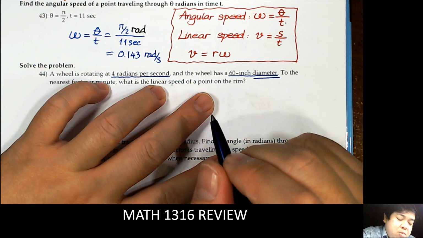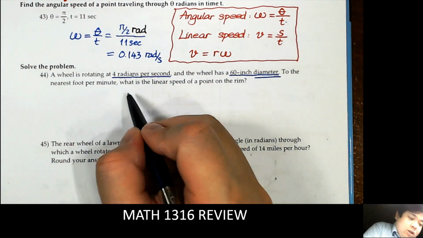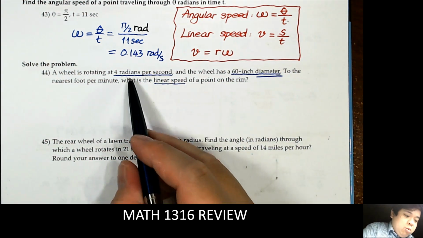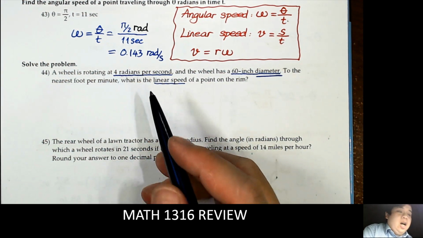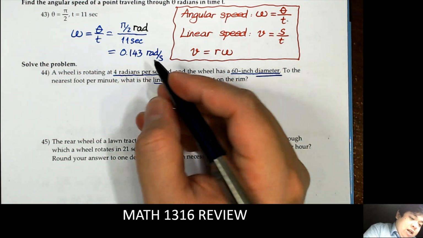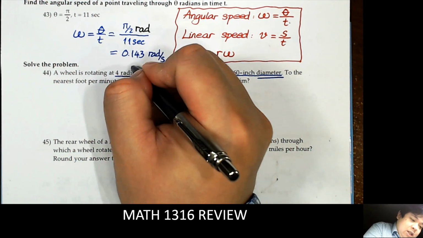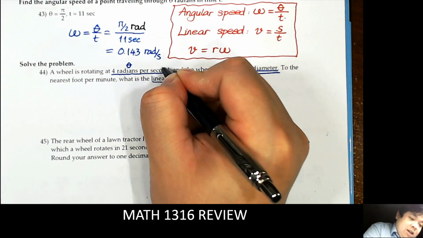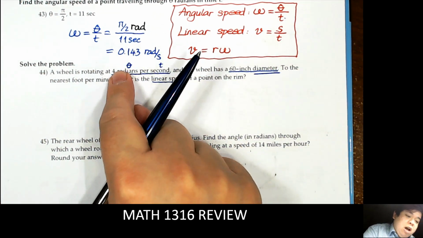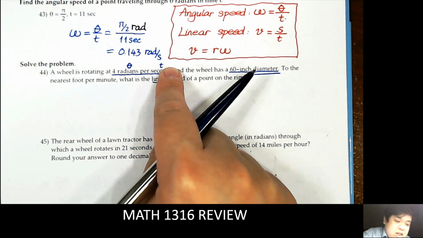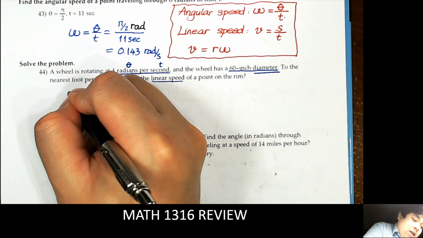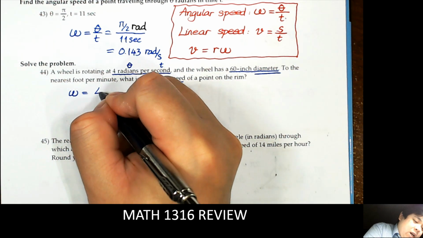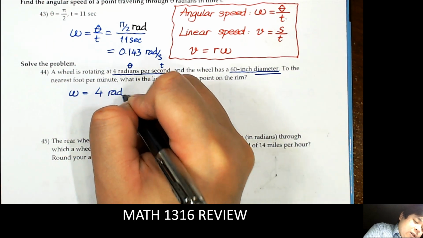What is the linear speed? So they ask for the linear speed. So first of all, 4 radian per second. Radian is the measure of the angle, and second is the unit of time. So we have theta over t, which gives us the angular speed. So the angular speed is 4 radian per second.